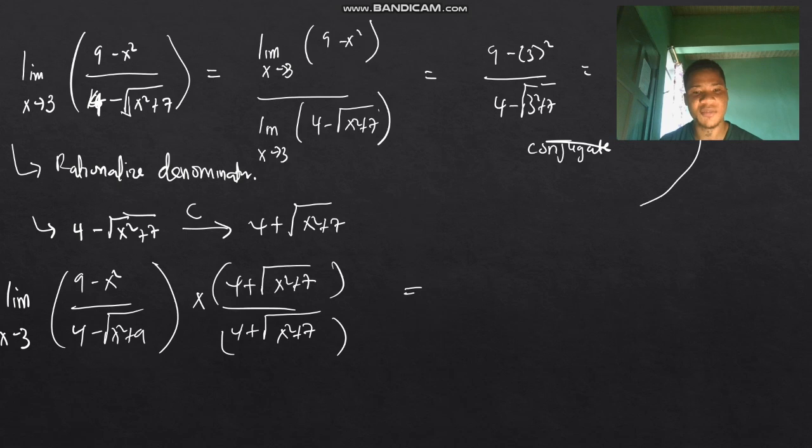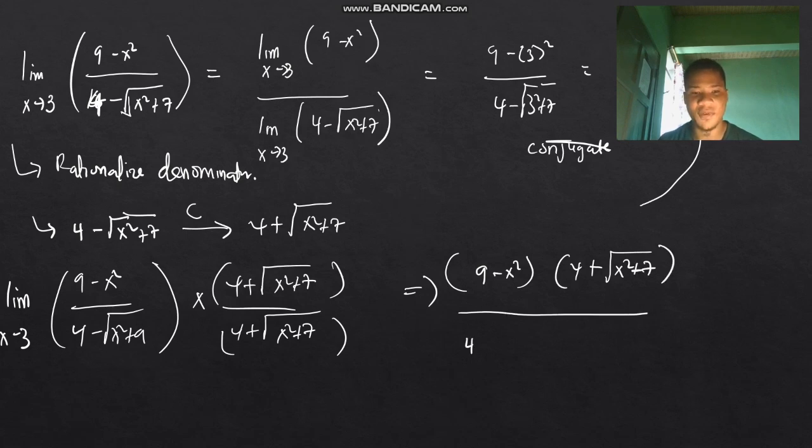When you simplify, just know that the limit is still there. So we have this over (4 minus the square root) times (4 plus the square root of x squared plus 7). We'll leave the numerator and focus more on the denominator.